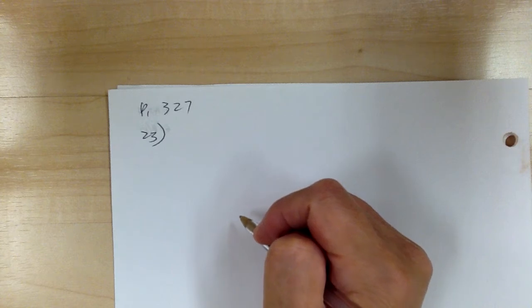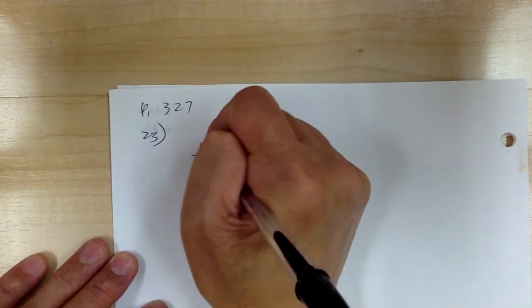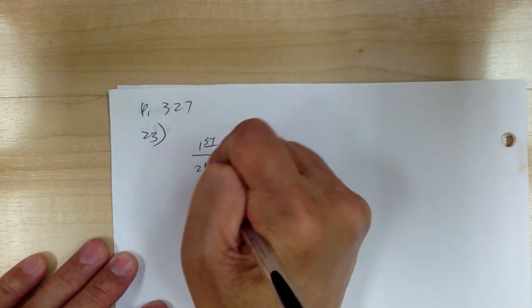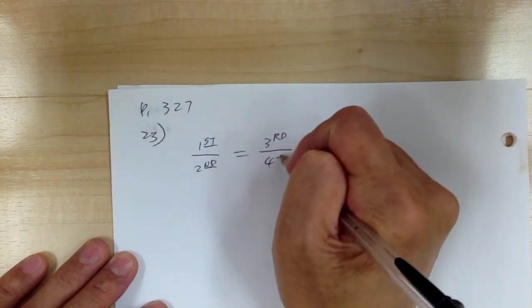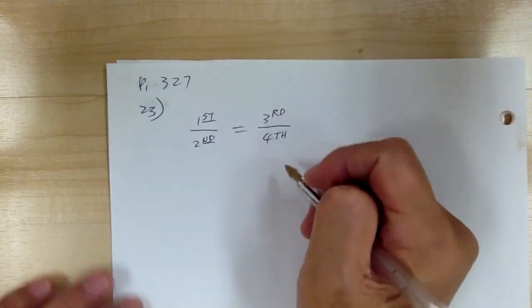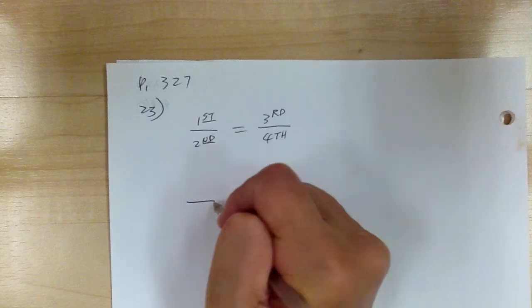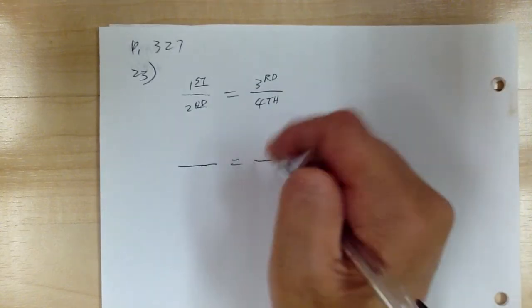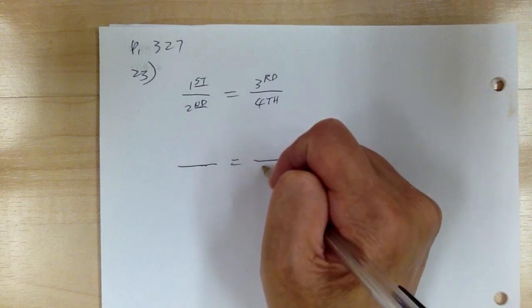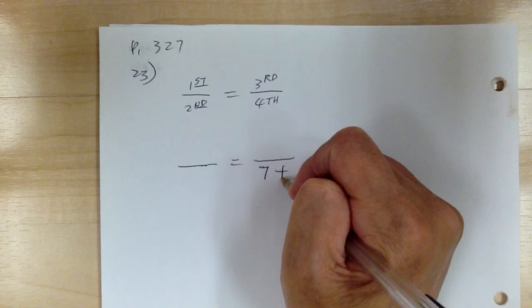Now 23, as you read, this is a proportion problem. When you have proportions, this will be your first term, second term, this will be the third term, and this will be the fourth term. So that's what it looks like. As you read, you can get your fraction ready. Number 23 says the fourth term is 7 more than the first term.